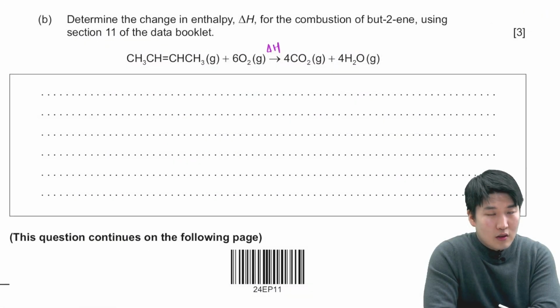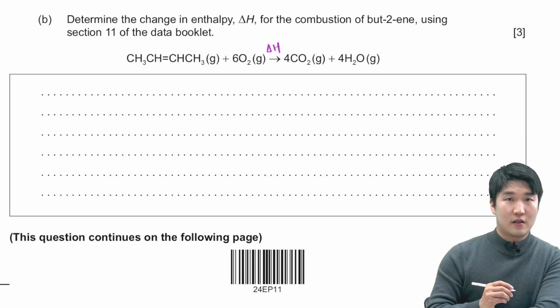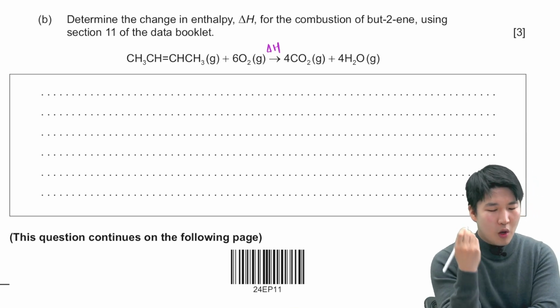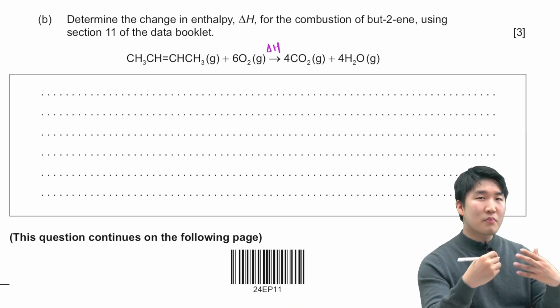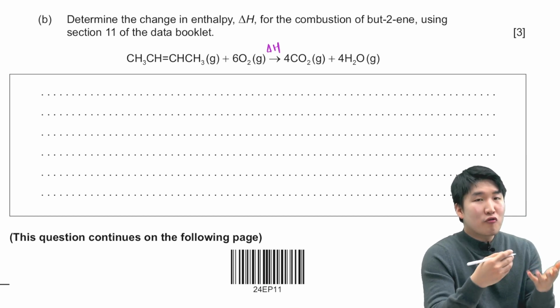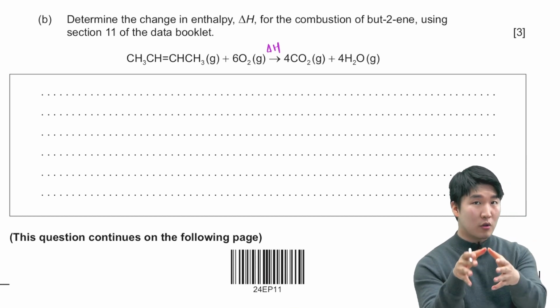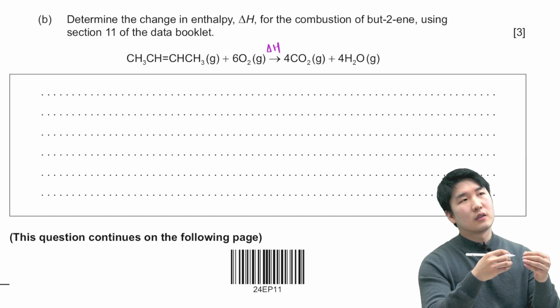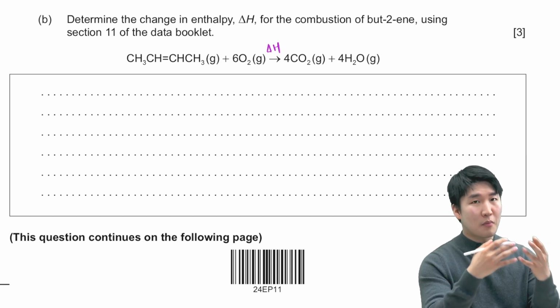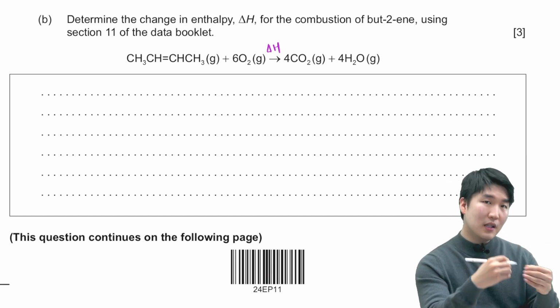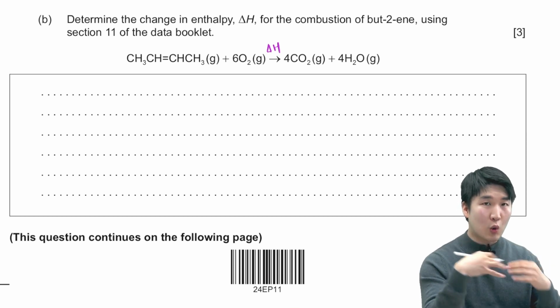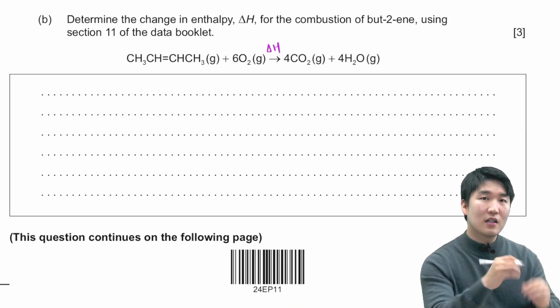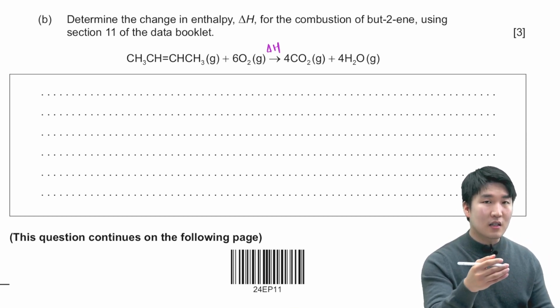Let us start calculating the bond enthalpies of our products and reactants. Why? Because the bond enthalpies of products represent the energy released from formation of new bonds, while the bond enthalpies of the reactants represent the energy required, the energy inputted, to break the existing bonds.